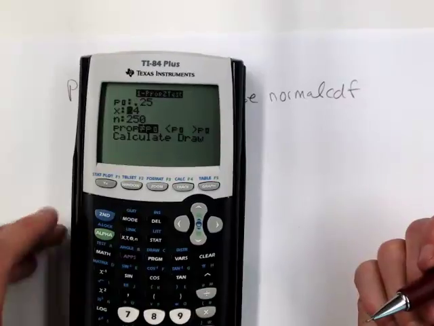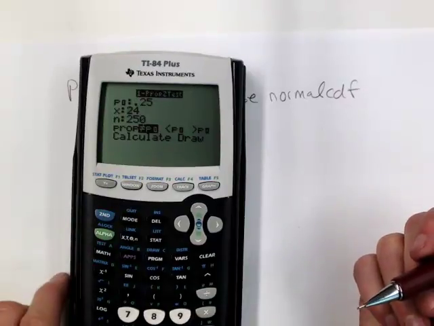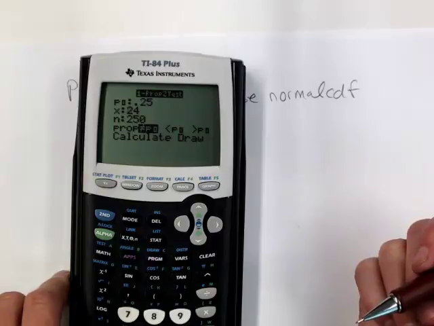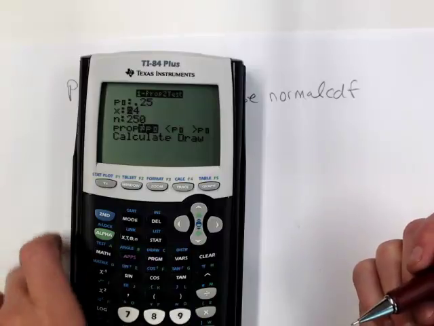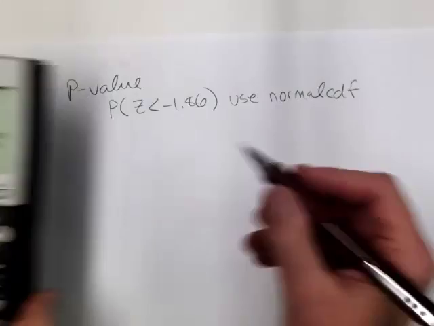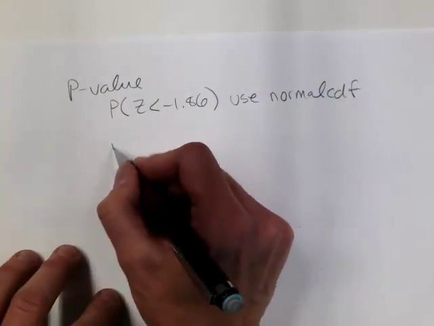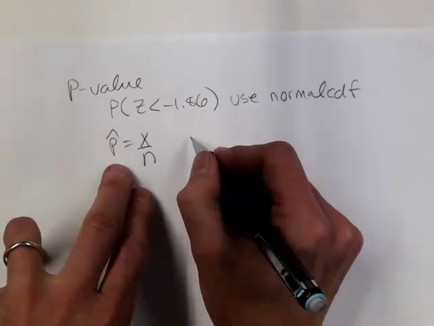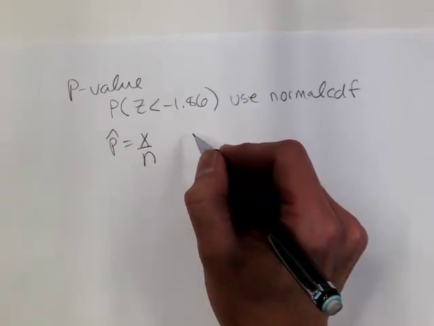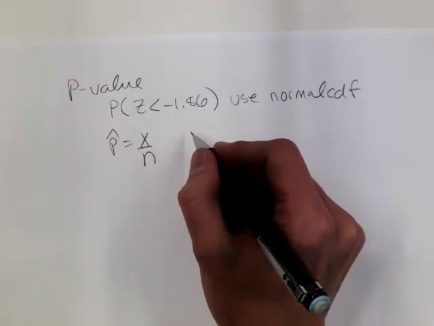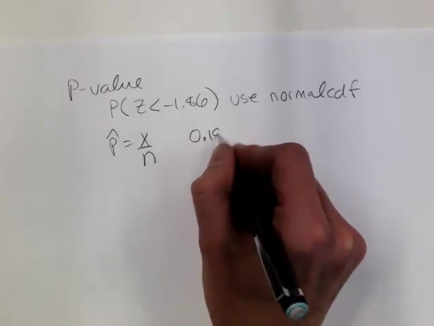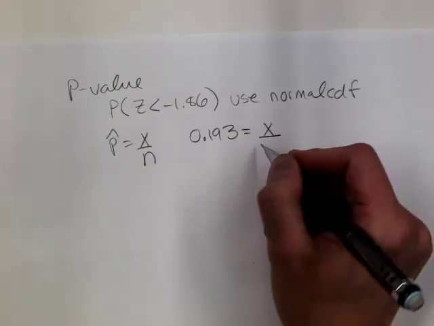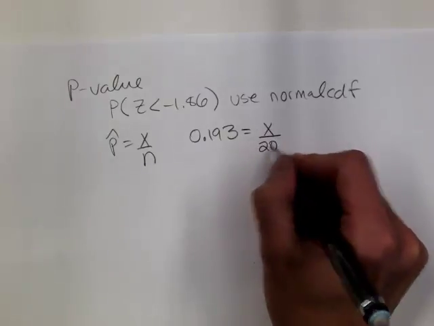Now I need to get x and n. The problem gave the information in terms of the sample proportion. So remember p hat is x over n. P hat was given to be 0.193 or 19.3%. So x over 200.